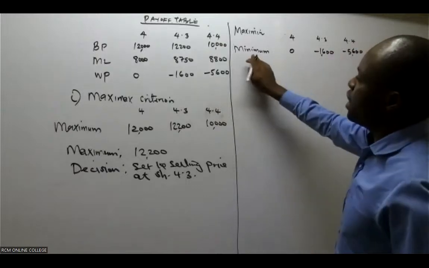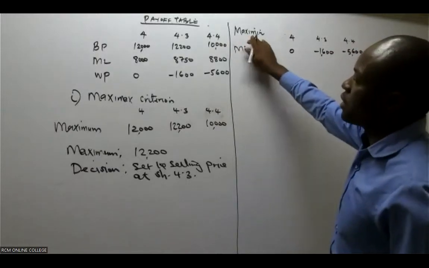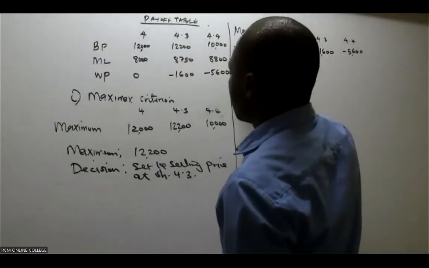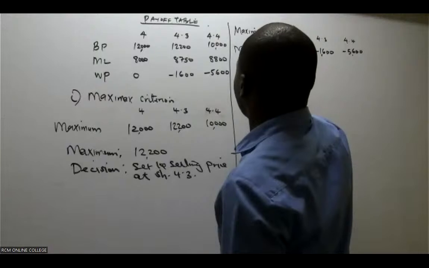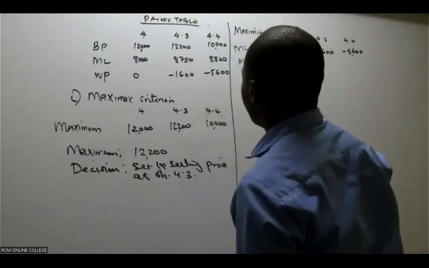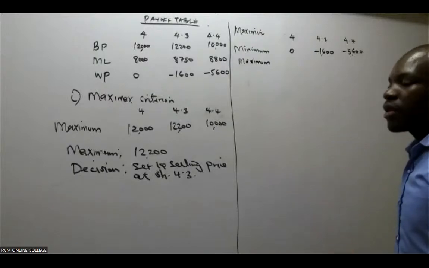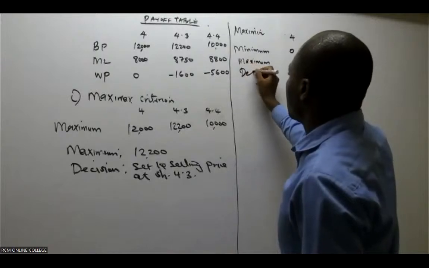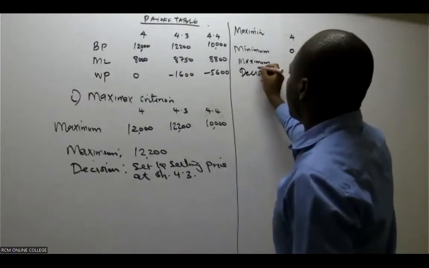Now that you've selected the minimum figures, they want you to maximize. So what is the highest in this particular list? In this particular list, what is the highest figure? 0. Is it? Our maximum is 0. Decision here.